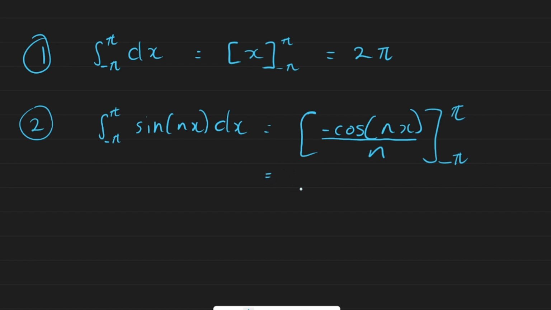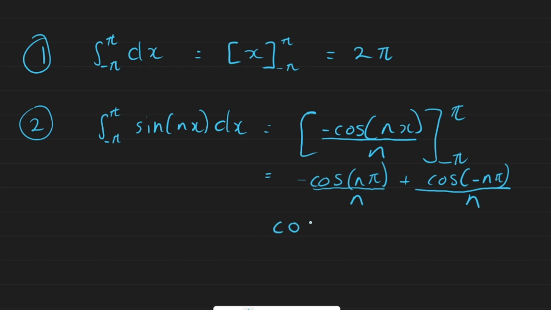So if we do that, we just substitute pi in. What we get is minus cos n pi divided by n plus, well, minus and minus, cos of minus n pi over n. And we would remember from our trig identities that cos of minus x is simply just equal to cos x.